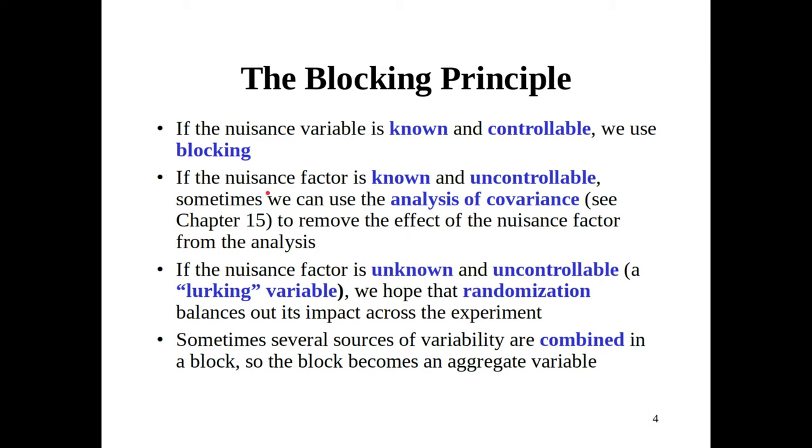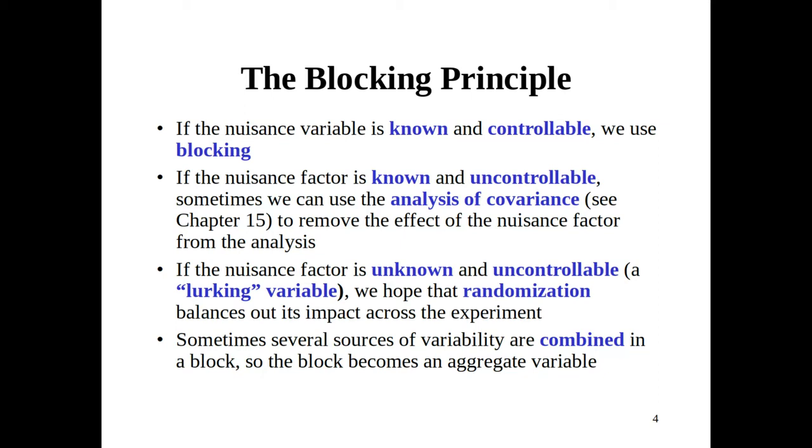If the nuisance factor is known but we cannot control it, it is uncontrollable. If you think of some examples, atmospheric conditions. If the experiment is performed outside, the atmospheric conditions such as temperature, humidity, and factors like that, we know that those are factors, but we cannot control them.